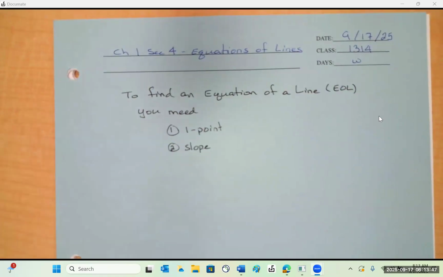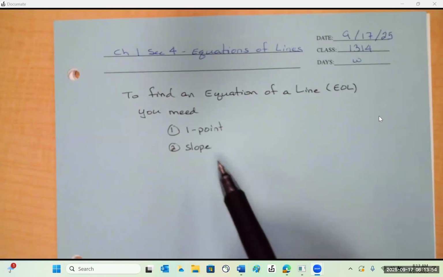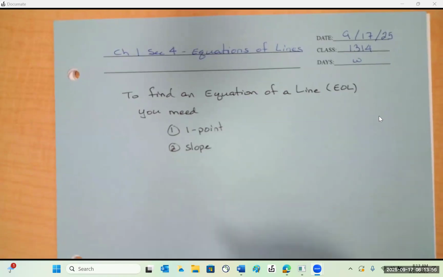And you're right, who said 2 points? Yes, that is true. If I have 2 points, do I have a slope? Yes, I can find a slope. But this is what you need to find an equation of a line. You need to know the slope of the line, and you need to know a point that the line goes through.